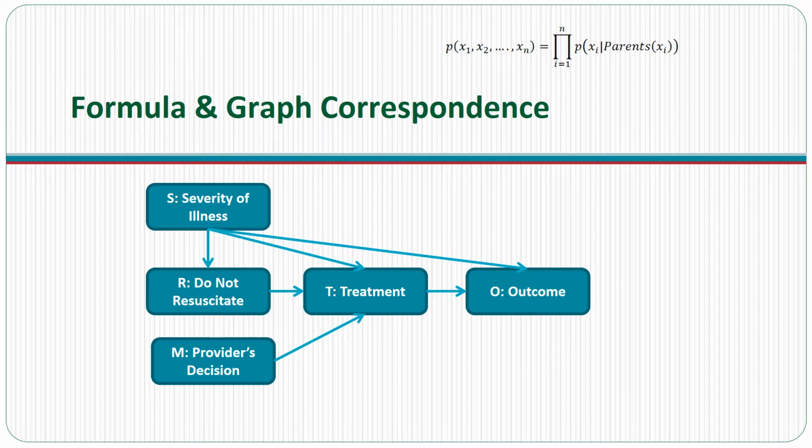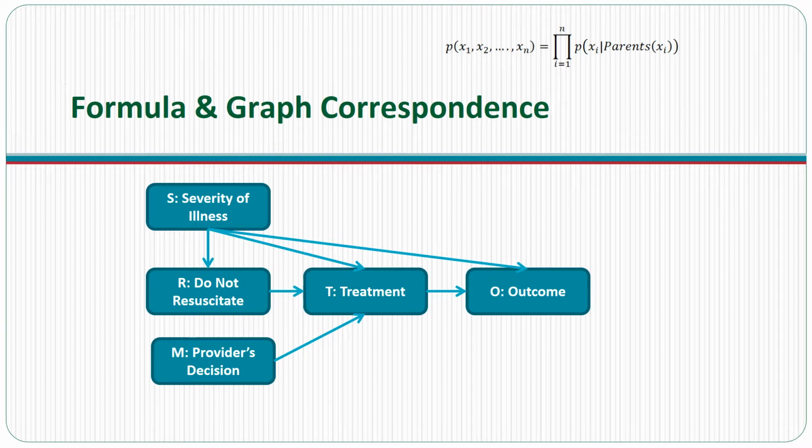In this graph, severity is apparent to patient preferences on resuscitation, treatment choice, and outcome. The parents of the treatment node are severity, resuscitation, and provider decision. The parents of outcomes are the treatment received and the severity of illness.